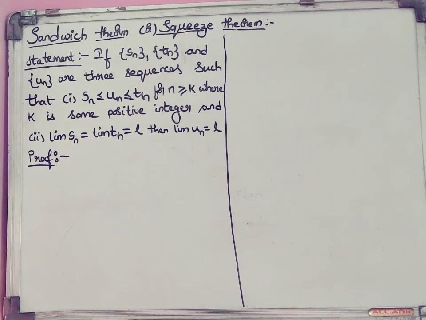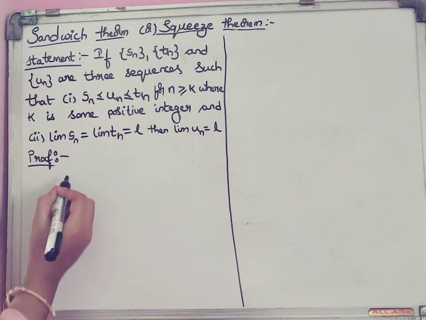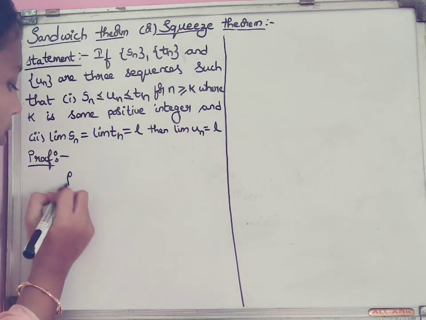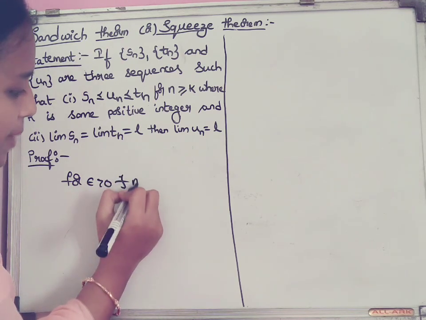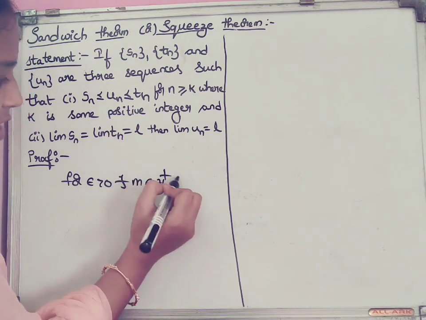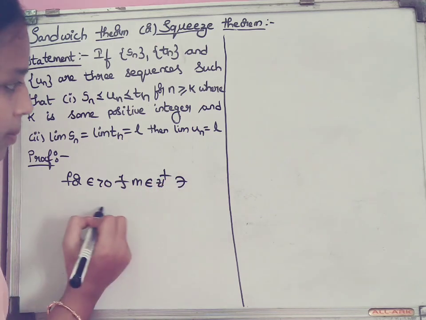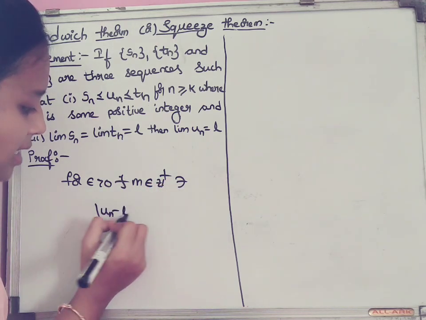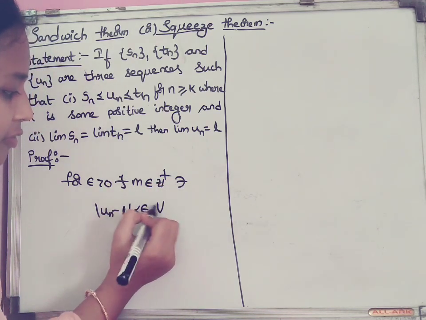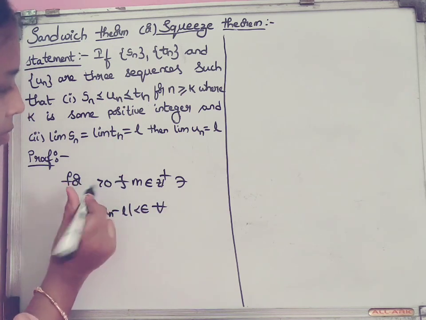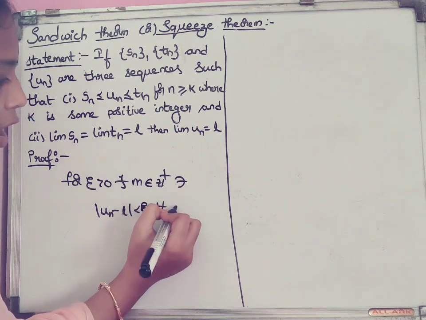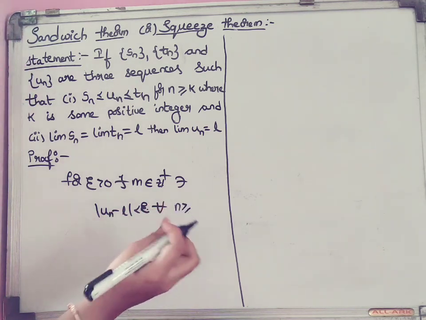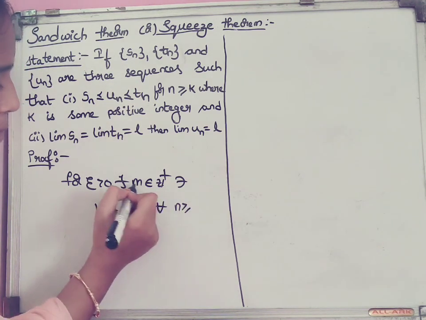We know the definition of limit of a sequence. What is the limit of a sequence definition? For any epsilon greater than 0, there exists a positive integer such that mod Un minus L less than epsilon for all n greater than or equals to, what is our positive integer here?